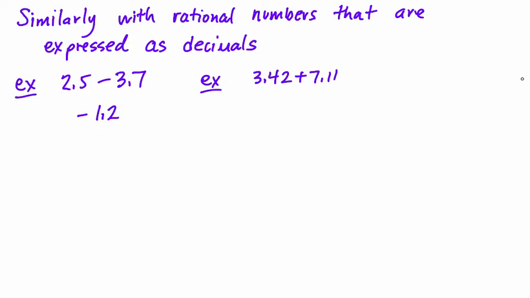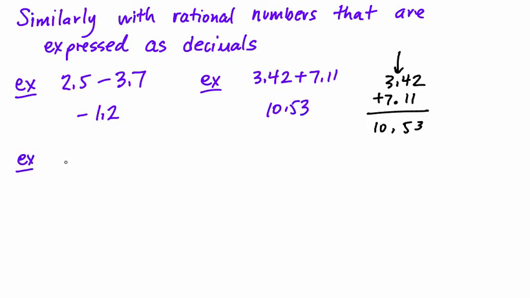The trick with these is to line up decimal places. So think about it as 3.42 and 7.11, make sure the decimal places are nicely lined up, and you can add and get 10.53. There is your solution for this one.